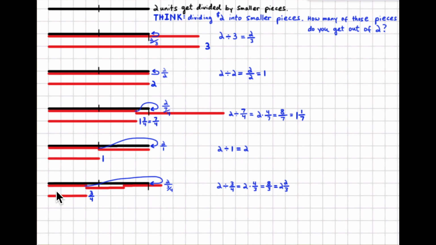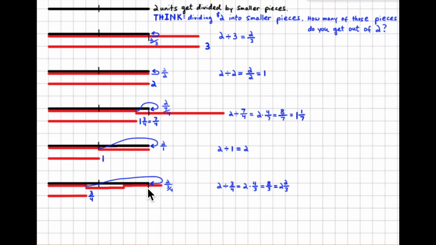How many 3/4 of a dollar can you get out of $2? That's 2 divided by 3/4. So you can think of it as, how many stacks of 3 quarters can I get out of $2? So I can get 1 stack, so 1 3/4 of a dollar, 2 stacks, or 2 3/4 of a dollar, plus I can't quite get another stack. I can't quite get 3 more quarters. I can only get 2 of them.